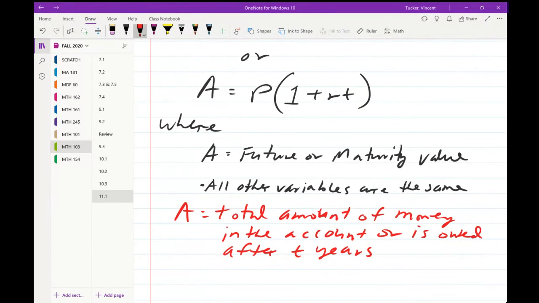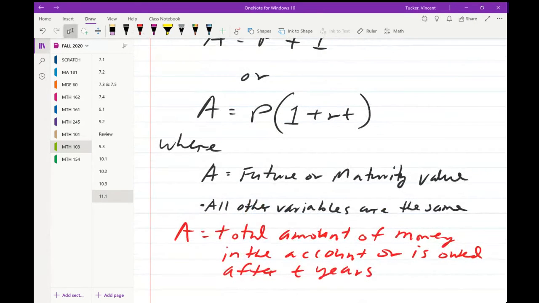So it will be the total amount of money in the account or is owed after T years. Because remember, we're talking about either putting it in an account or it's a loan or something of that nature. So that's another way of looking at what future value or maturity value is going to be to us. The total amount of money in the account or the total amount of money owed after T years.